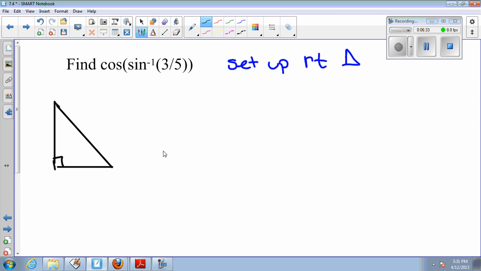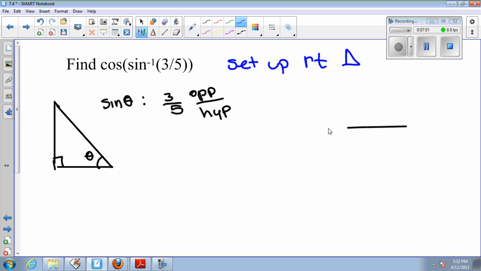And we just need to label one of them theta for our angle. Here's theta. Sine inverse of 3/5. So that means we are working with 3/5 for sine. And so 3 would be opposite, and the 5 would be the hypotenuse.